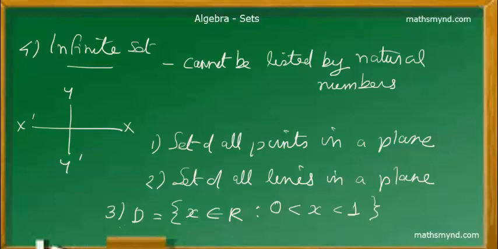So if I denote a set D, where x is an element of real numbers and it comes between 0 and 1, as we are dealing with real numbers, which play a very important role in mathematics, and we'll be dealing with this particular number set again and again. So in this particular case, we are dealing with an infinite set. Thank you.